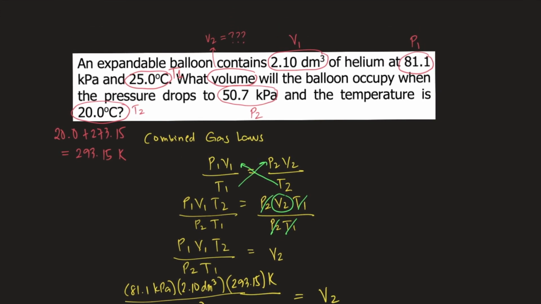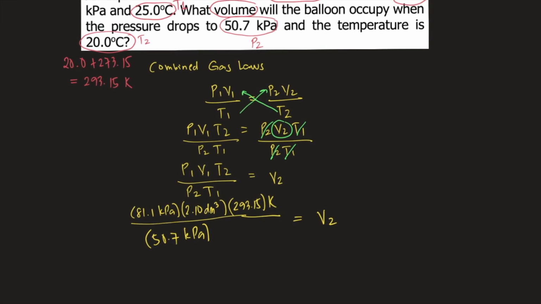Again, you need to convert that into Kelvin. So 25.0 plus 273.15, that is 298.15 Kelvin. So T1 is 298.15 Kelvin.